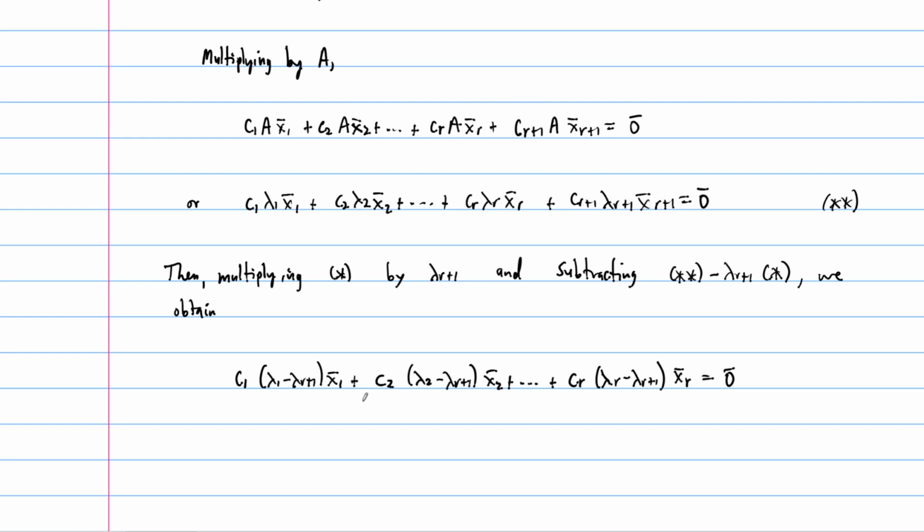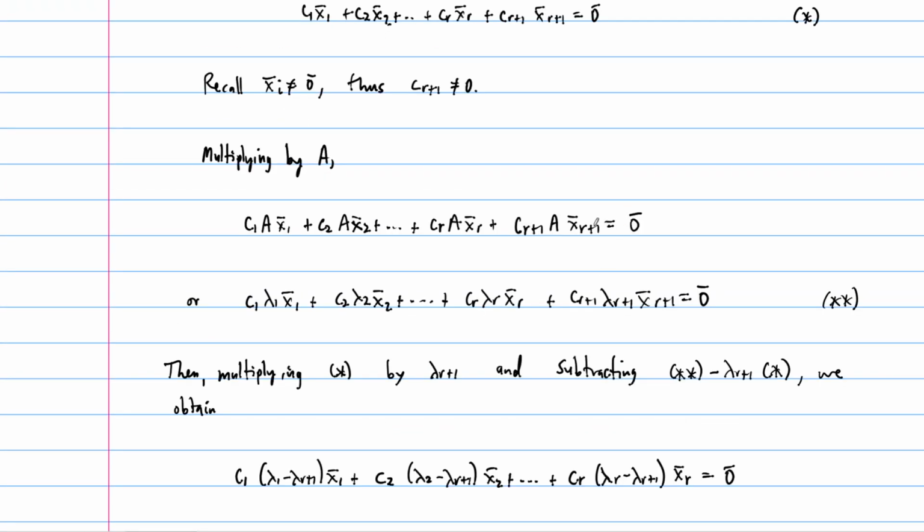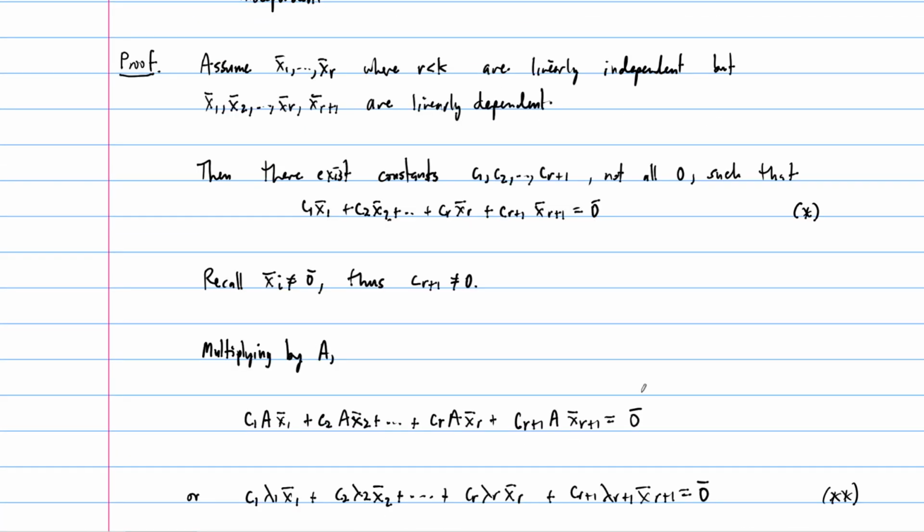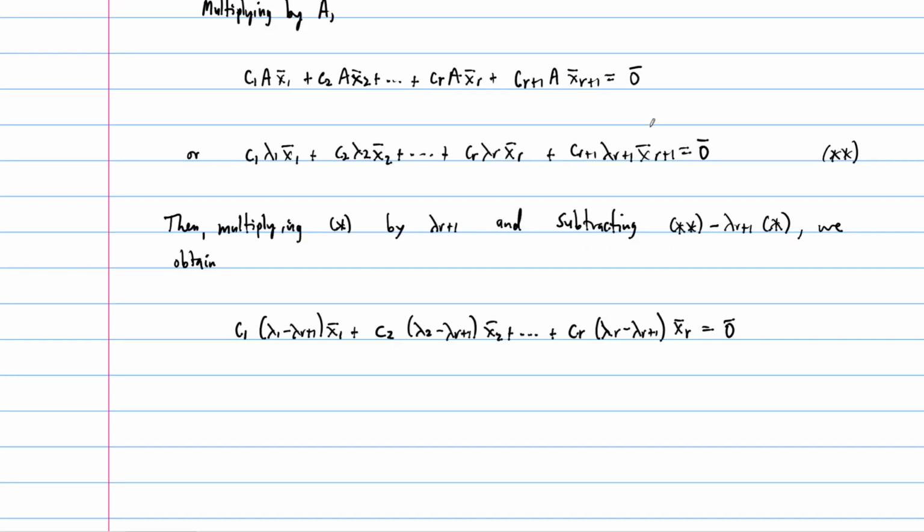And therefore, when we add this all up, none of the x's are 0. And so this now contradicts the assumption that the first r vectors are linearly independent. And so therefore, we have reached a contradiction.